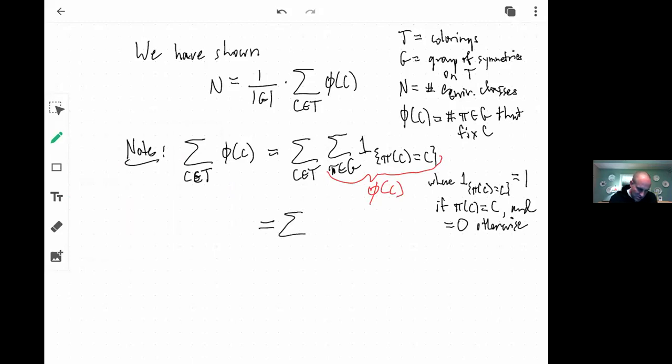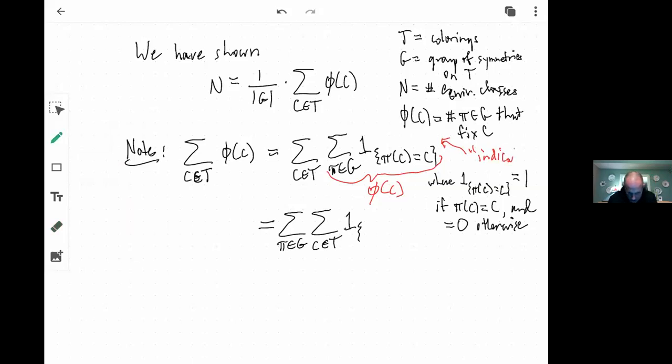So let me write this as the sum over pi in G, the sum over C in T, the indicator, right? This is called an indicator variable. So this is an indicator function. It indicates if whatever I put at the bottom is true.